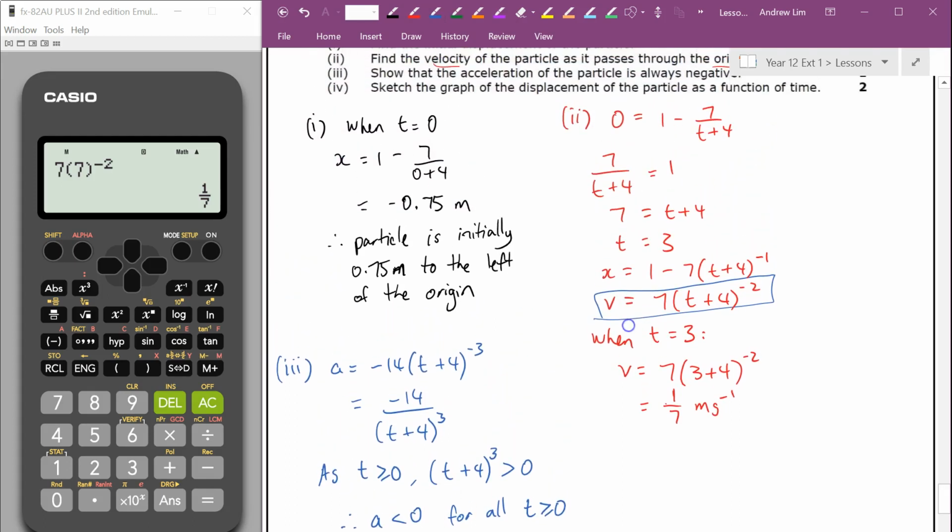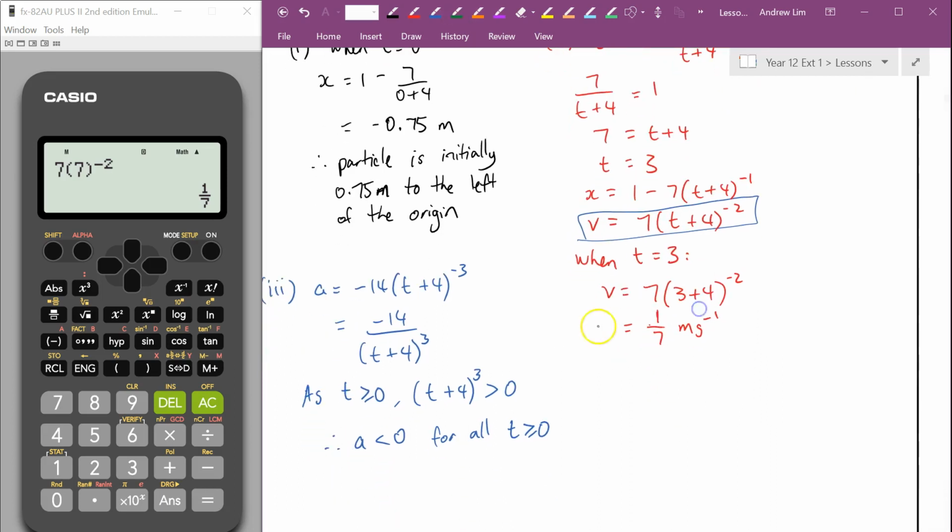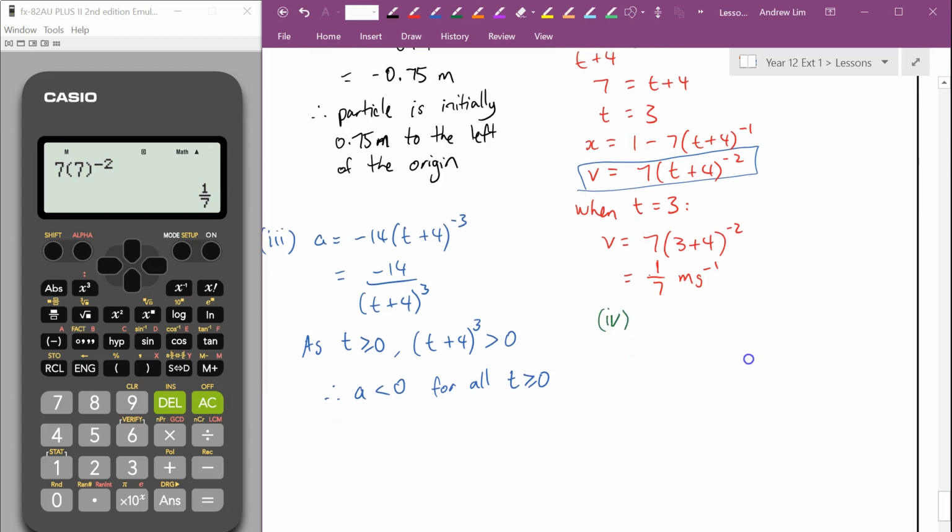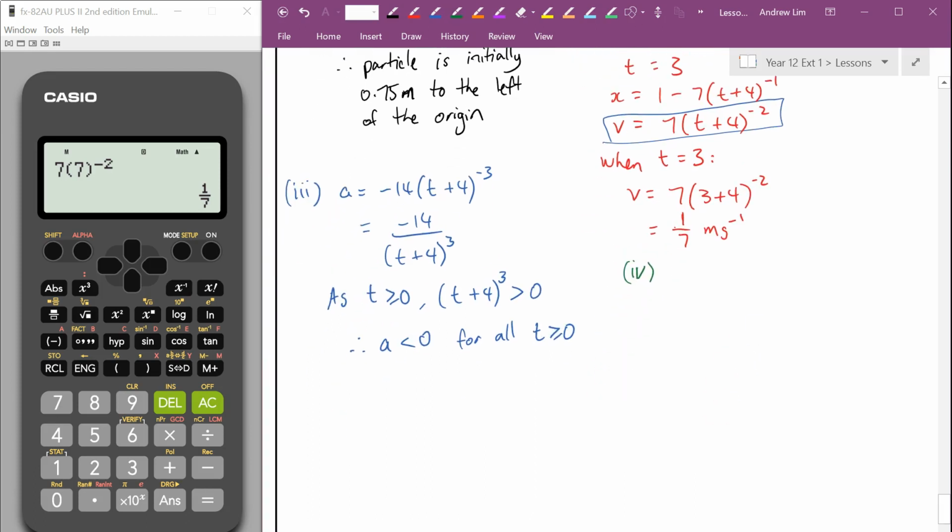And last question. Sketch the graph of the displacement of the particle as a function of time. Part 4, okay. So we want displacement as a function of time. So here's my time, here's my displacement. I'm using x for displacement.